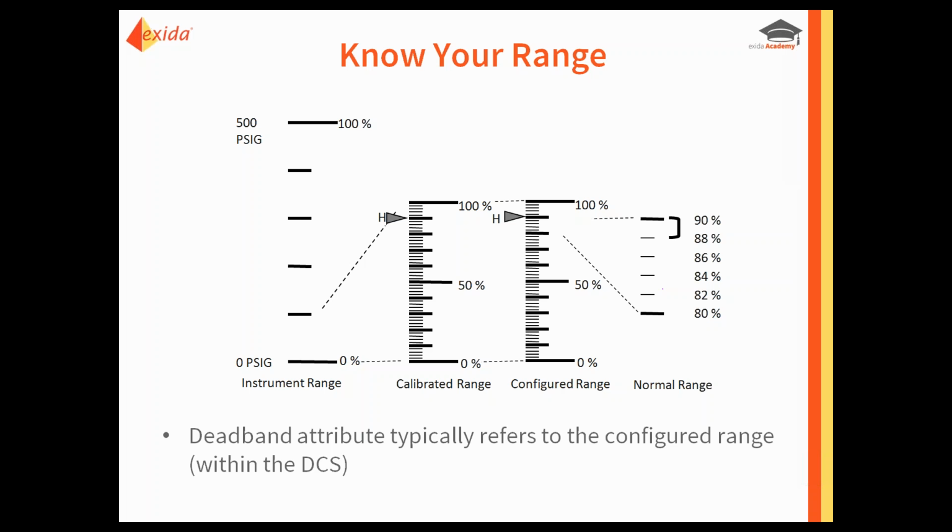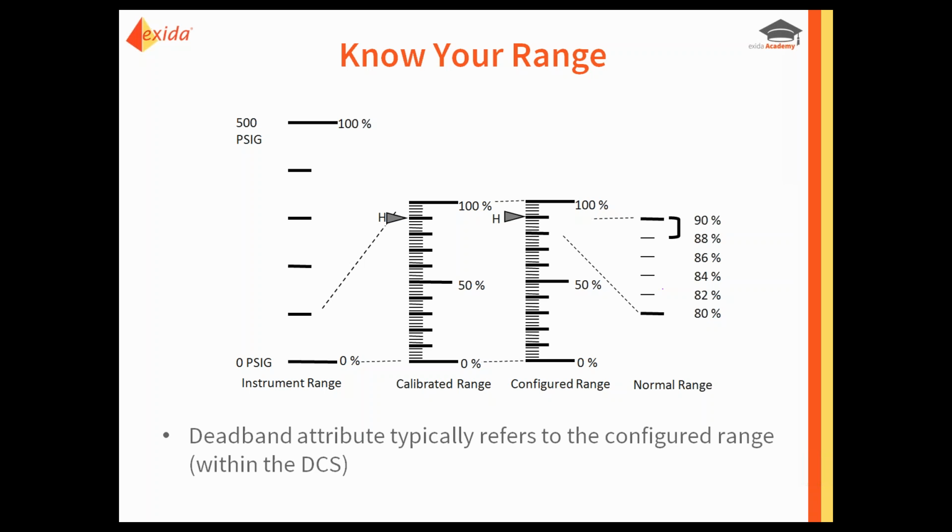That's more like the capability that the instrument might have, let's say 0 to 500 psig. Then there's the calibrated range, which represents the range that's being used in a certain application. So the settings that correspond to 4 to 20 milliamps, in this case 0 to 100 psig.